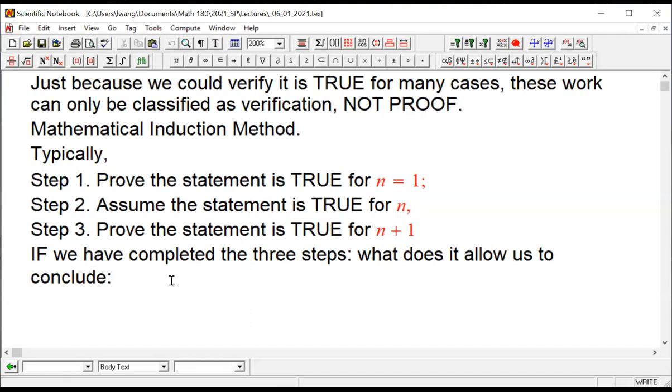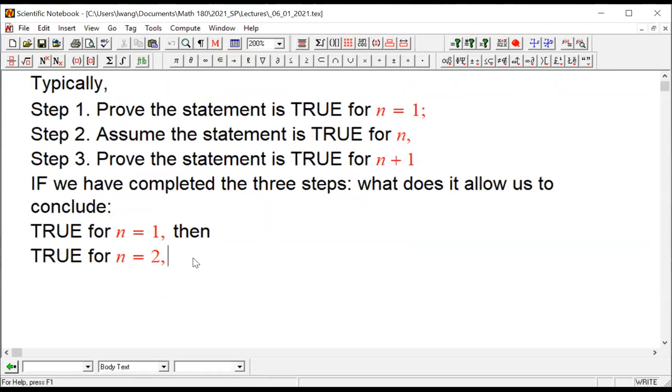So what it allows us to complete is that it's true for n equals 1, then it is true for n equals 2, and then this process can go on forever.